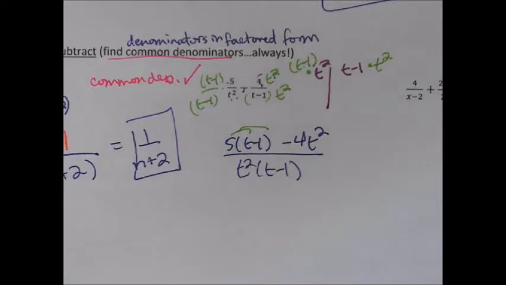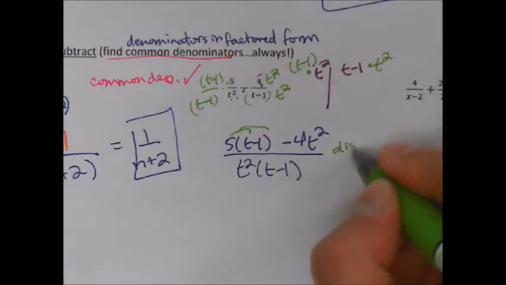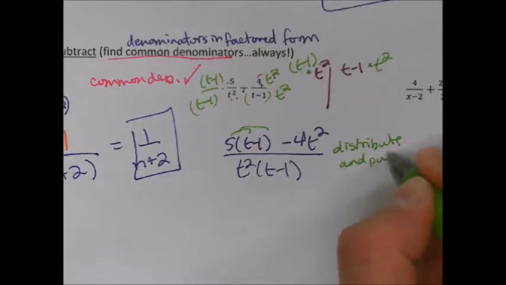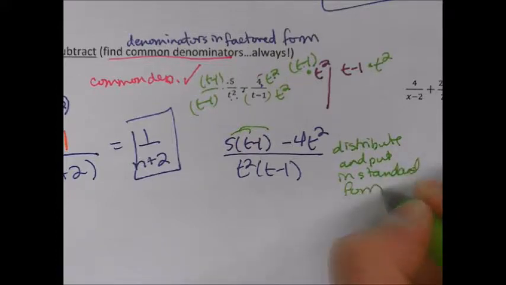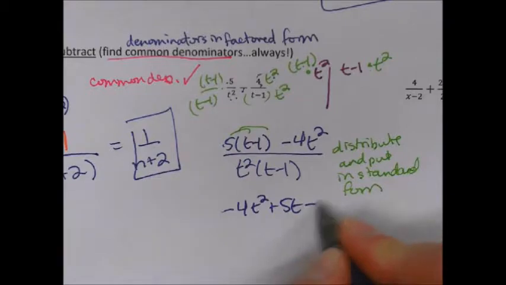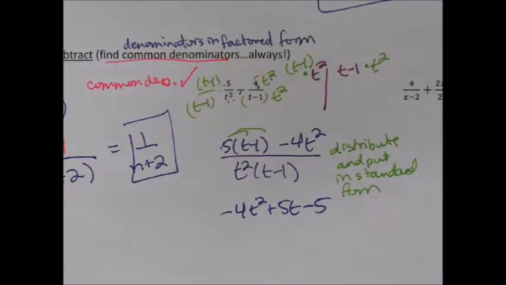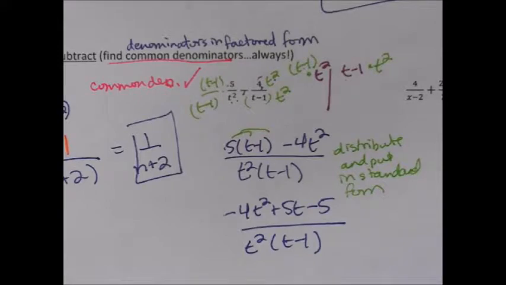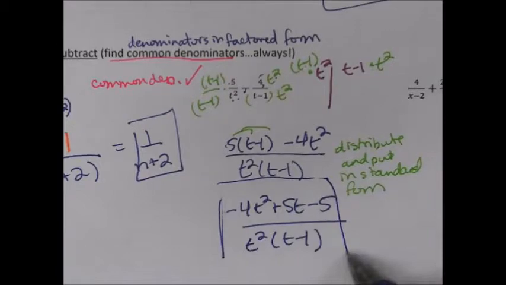I'm also going to put it in standard form. So the negative 4t squared is going to go first. That's a positive 5t and a negative 5, over t squared times t minus 1.